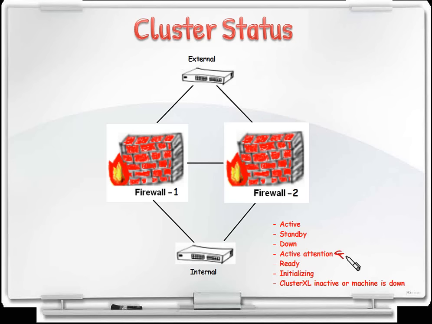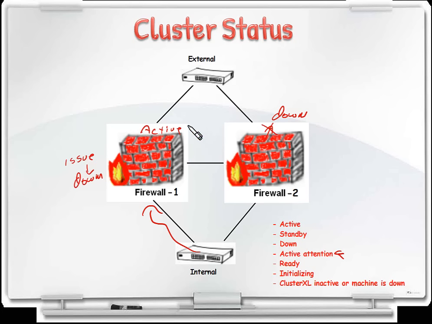So next, let's talk about the active attention state. The active attention state can happen in a specific scenario. Let's say you had two machines in the cluster and one of the machines went down, and you have one last machine passing traffic. Now later on, this machine recognizes that he has an issue with one of the processes or one of the services, and so normally he would go into a down state, but if he did so in this situation, you would have a network down issue.